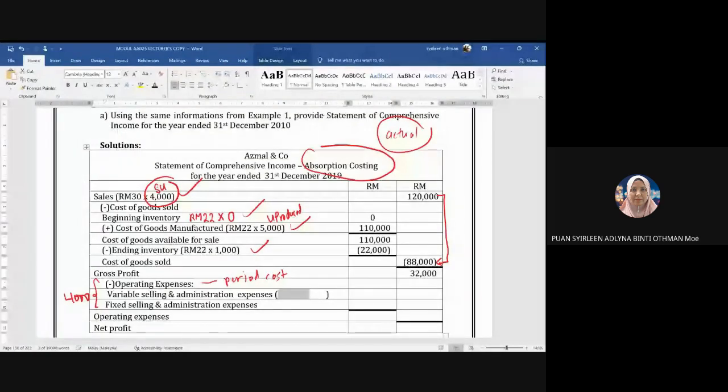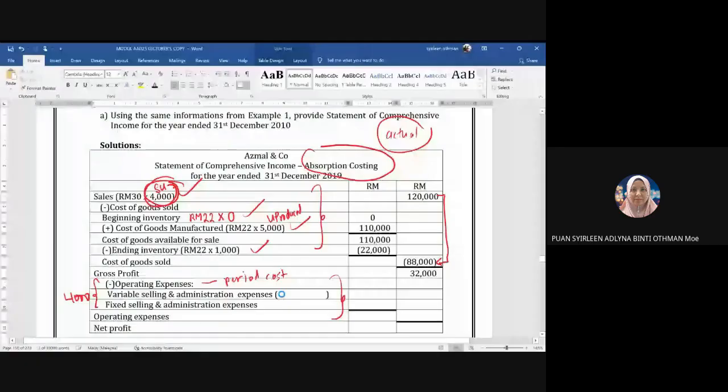Okay, sebab 5,000 tu ialah untuk production. Tapi your sales hanya 4,000 saja. Yang ni. Okay. So your variable selling and admin here will be RM2 darab 4,000. Okay. So nilai dekat sini ialah RM8,000.